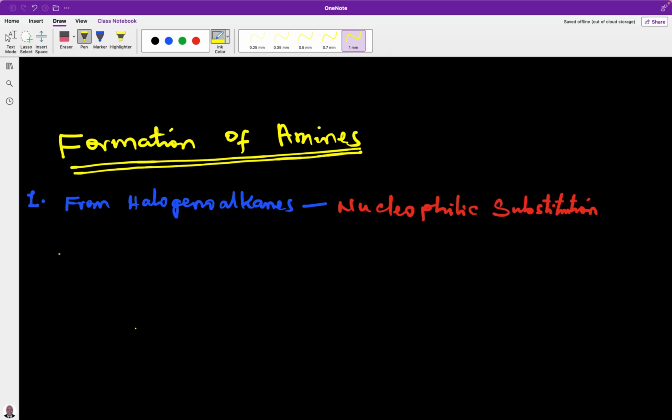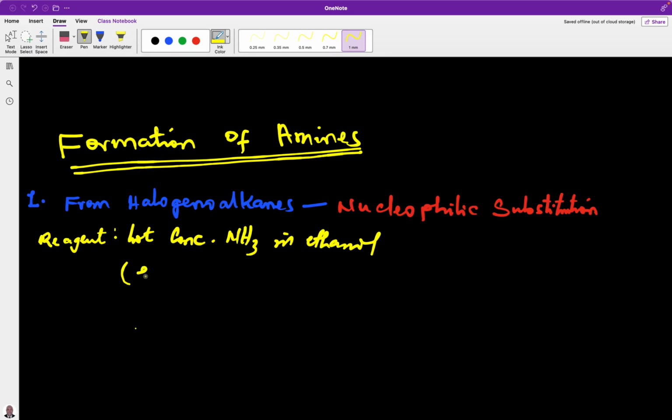In this case, the reagent will usually be hot concentrated ammonia in ethanol. We can even call it excess hot ethanolic ammonia.